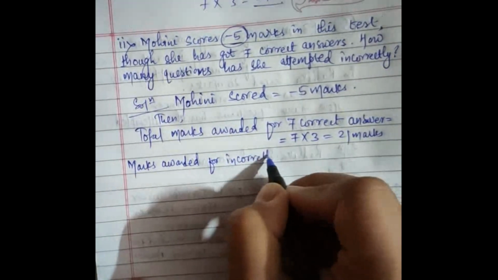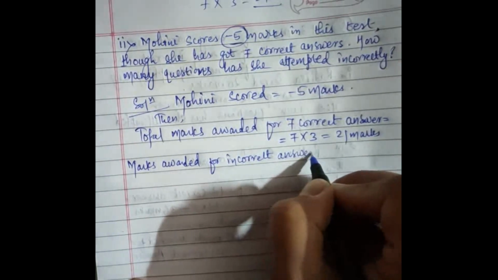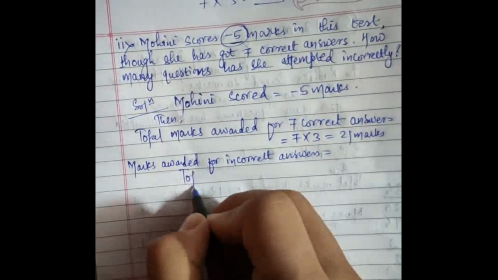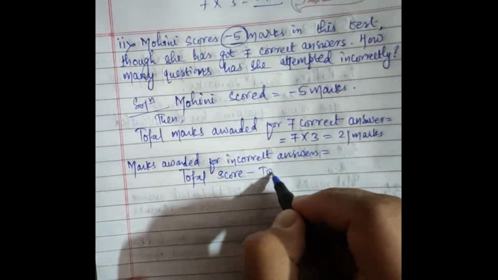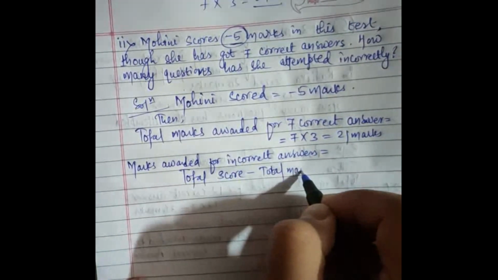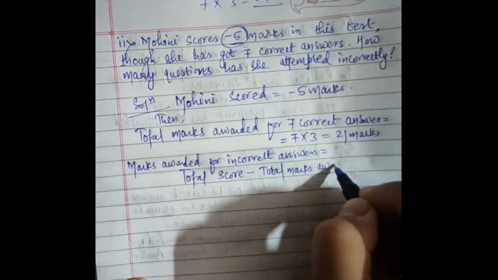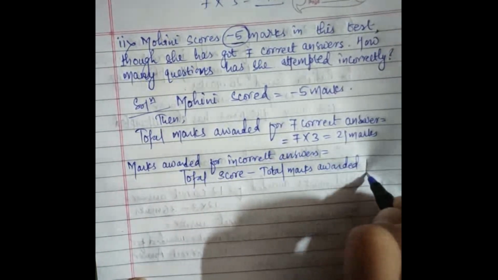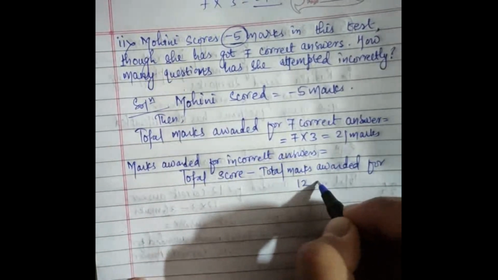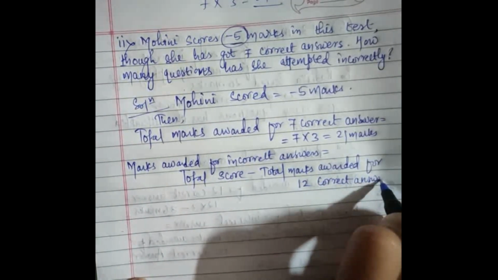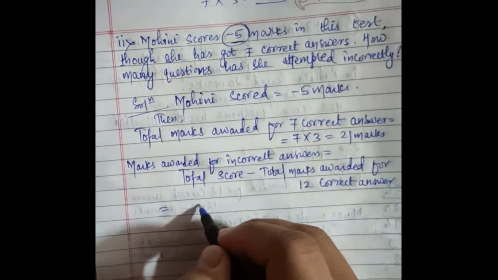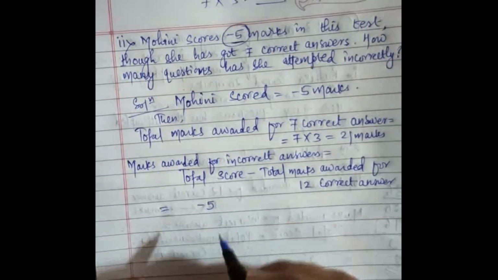Incorrect answers is equal to total score minus total marks awarded for how many? 12 correct answers, isn't it? So what is her total score? Her total score is minus 5.